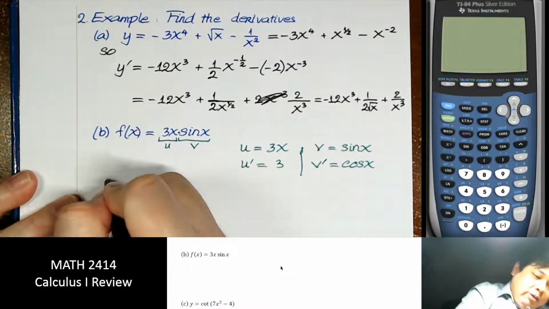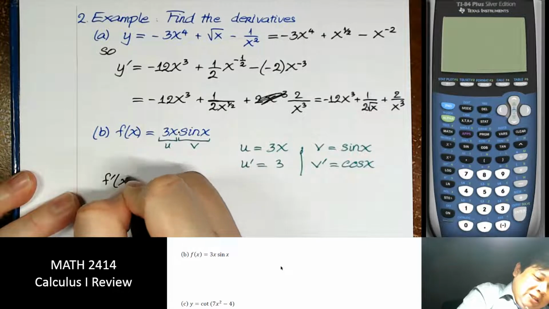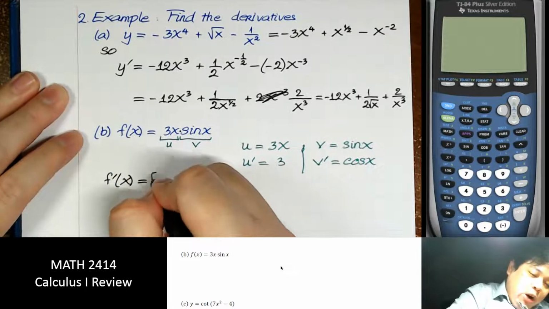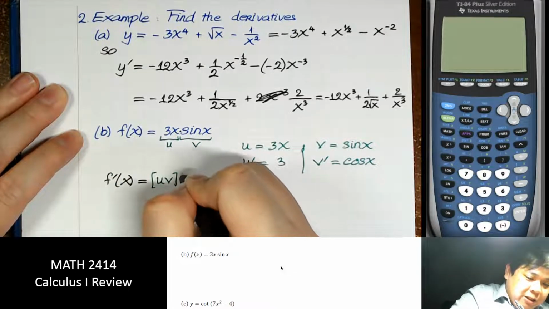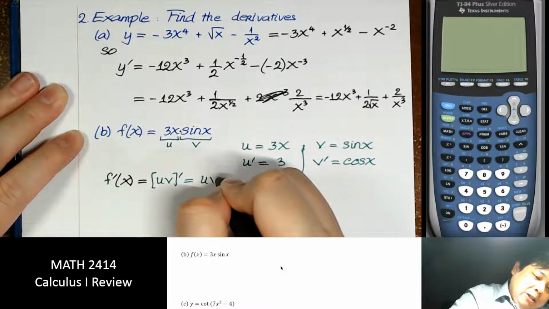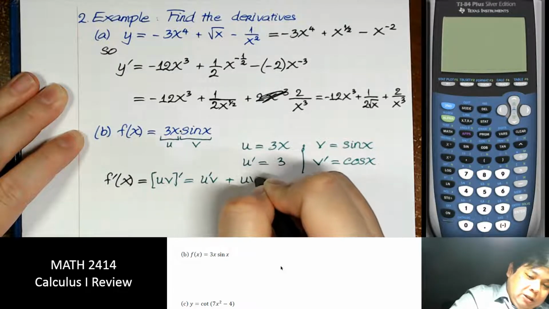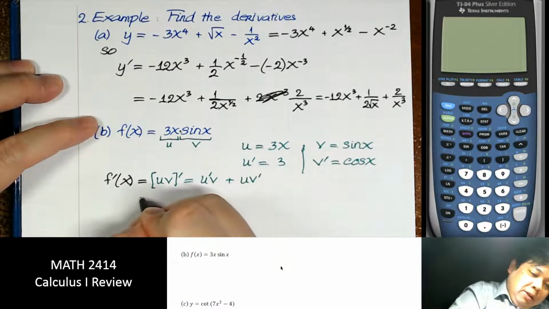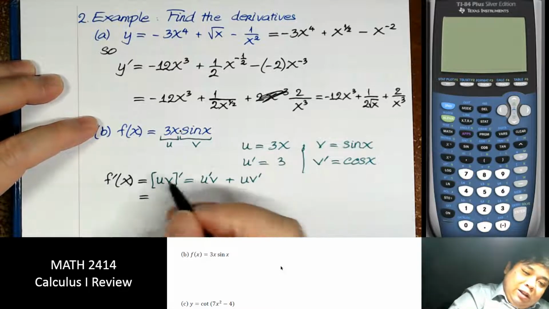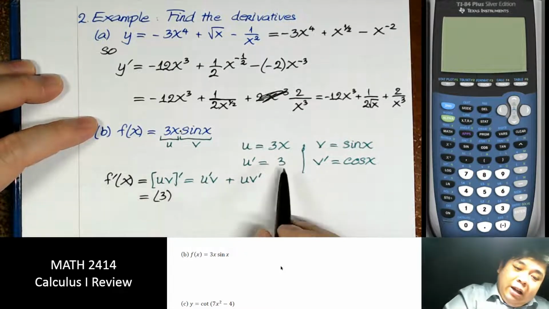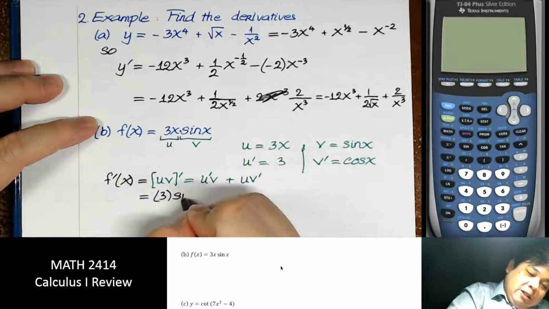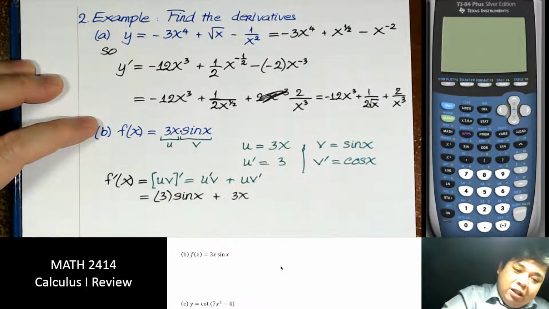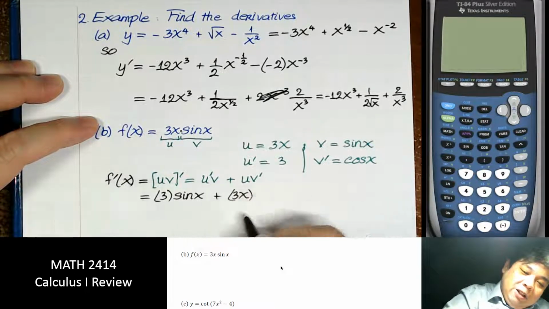So we'll take the derivative. That is a product, so I will write the product rule here. So u prime, 3, and v, sine x, plus u, 3x, v prime, cosine x.